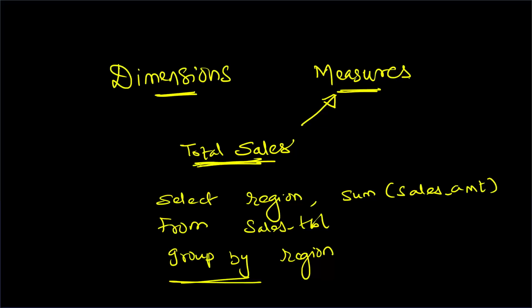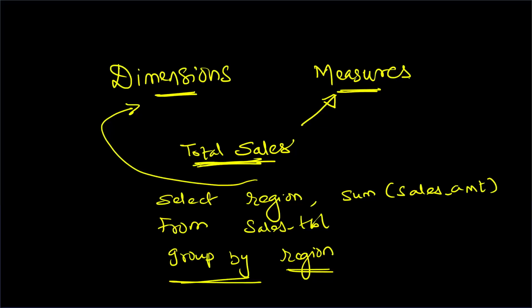I'm looking at it through the perspective of region. Region in this case becomes dimension. Dimension is the perspective, the lens through which you are trying to look at the measure.